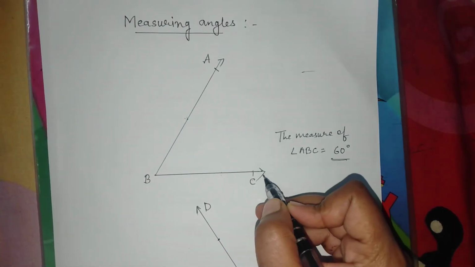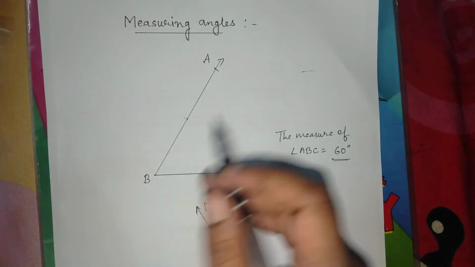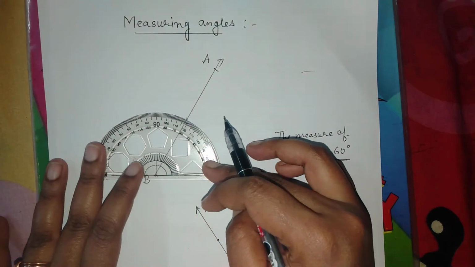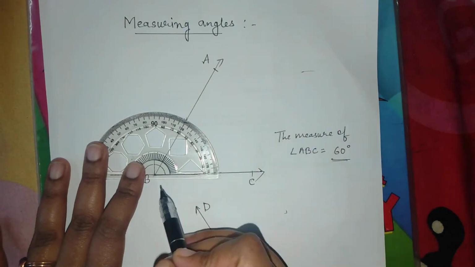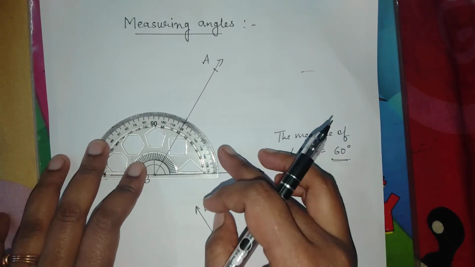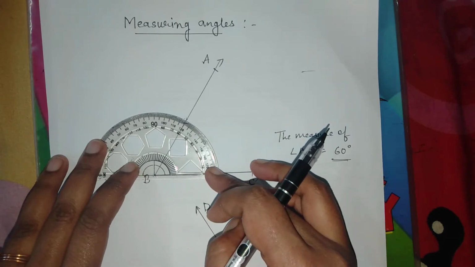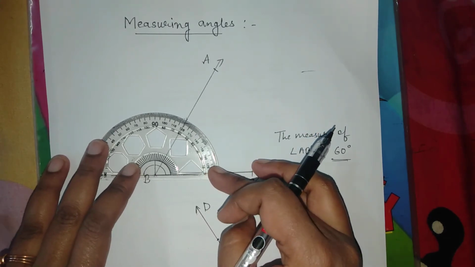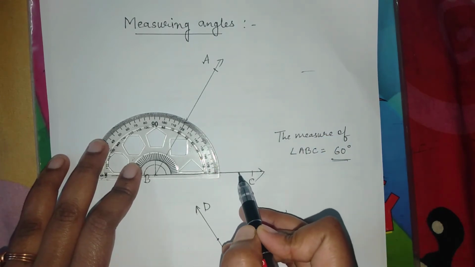Is this side your vertex? No. B is your vertex. So we will place the center here on the vertex of the angle, and the baseline should be on this arm. Which arm?